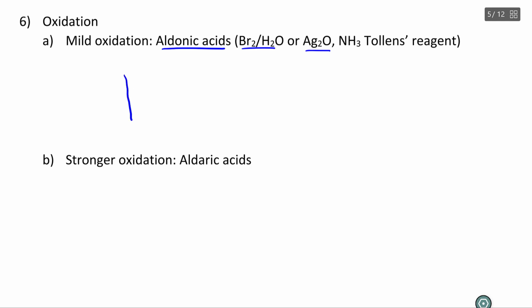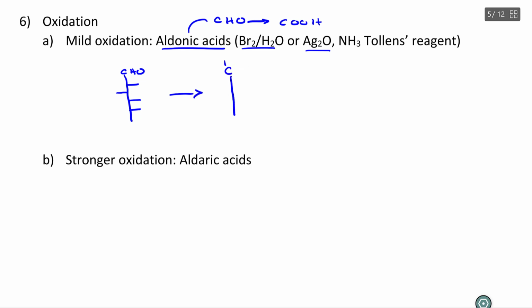So if I take glucose and I oxidize it, what happens when you make the aldonic acid is the aldehyde functional group becomes the carboxylic acid functional group. So that's going to become this.